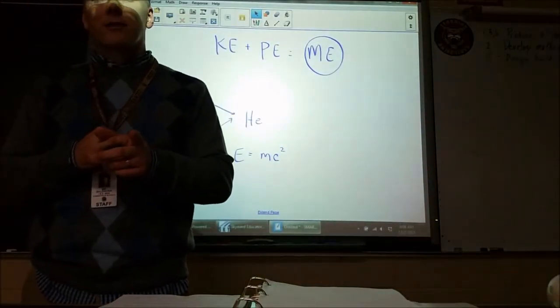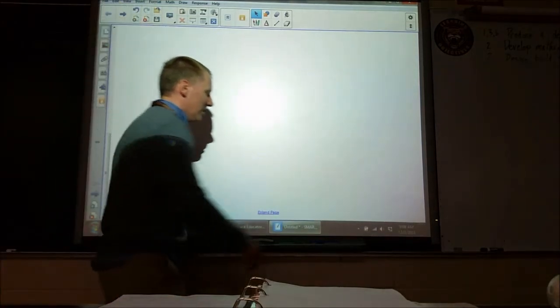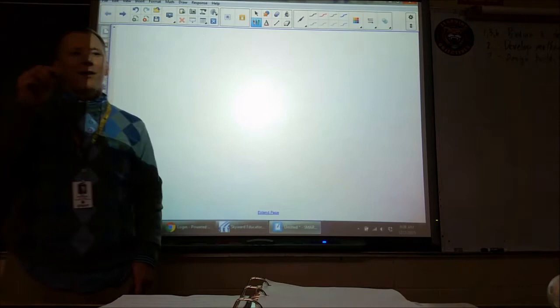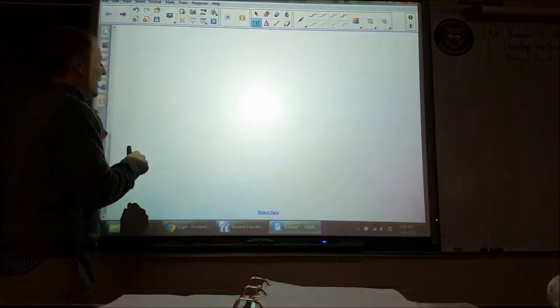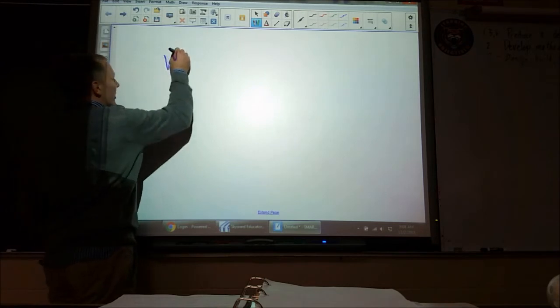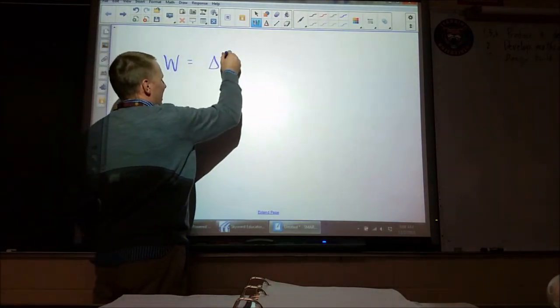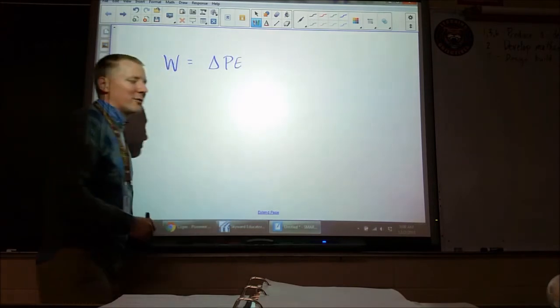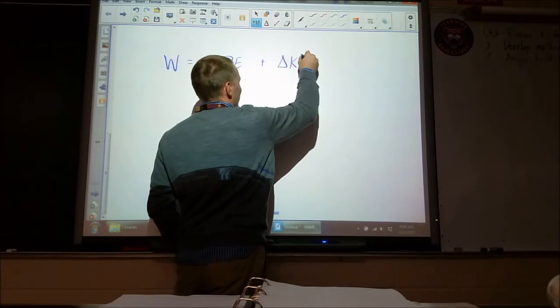Let's talk about where this is going now. So yesterday, we built this, you'll want a little bit in your notes for this. Yesterday we talked about how we could describe how much work is done on an object by measuring, first day, how much its change in potential energy was. And then second day, we could also look at a change in kinetic energy.